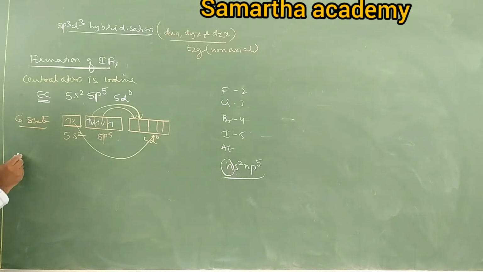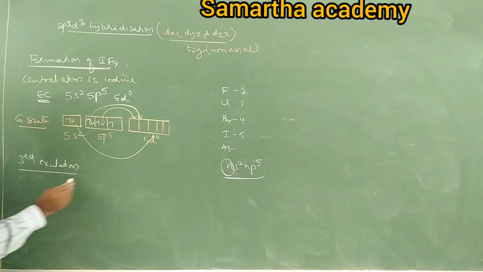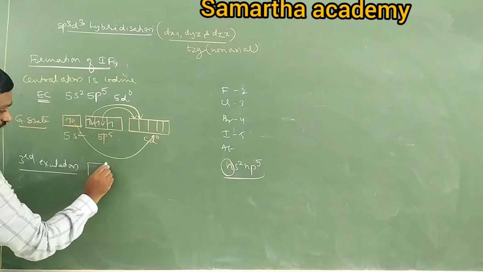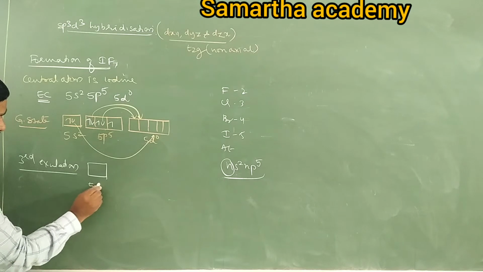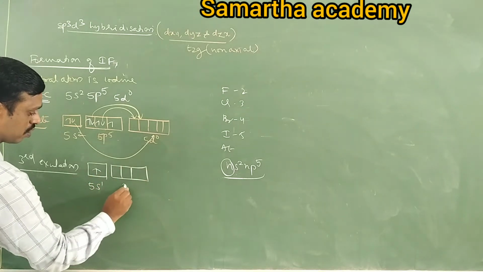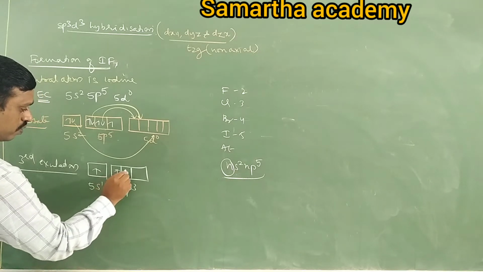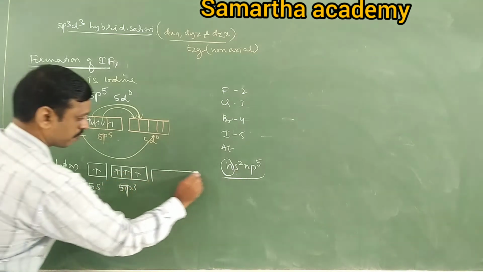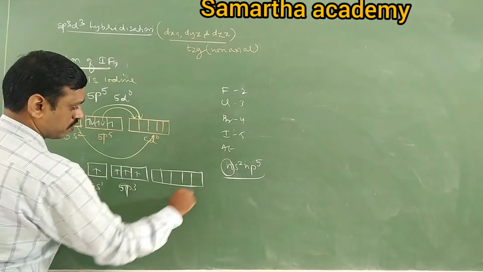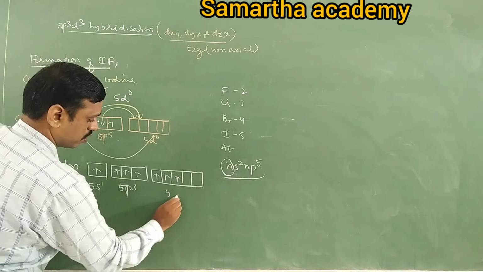So in the third excitation, it becomes 5s1, 5p3, 5d3.